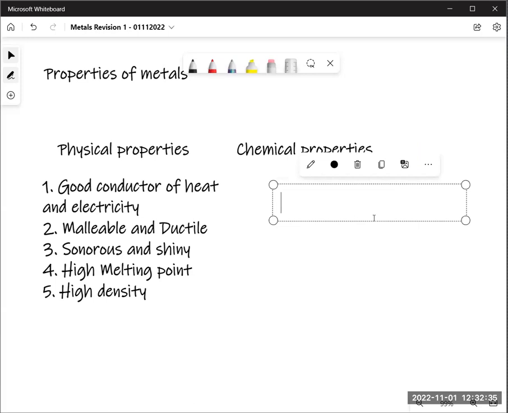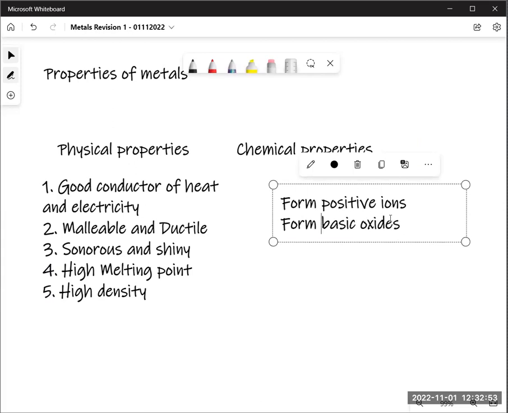Now the chemical properties are that they form positive ions always. Metals form positive ions. They also make basic oxides.